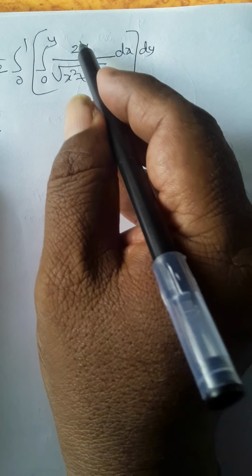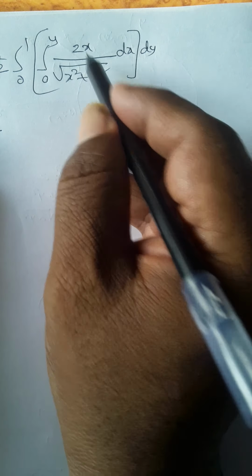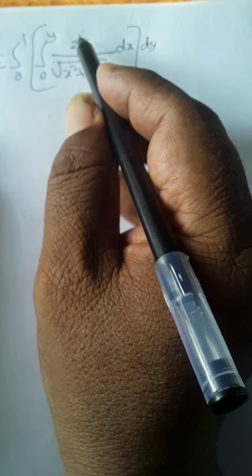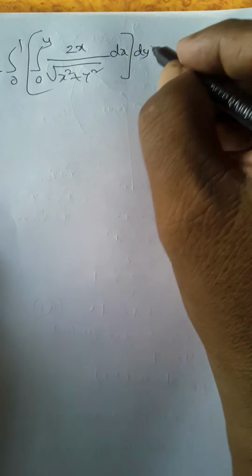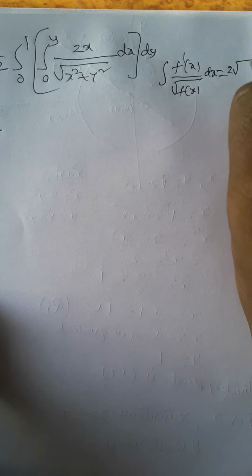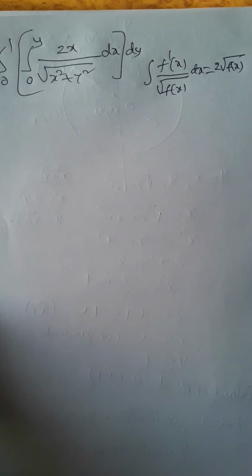We get this step: 1 by 2, denominator derivative is nothing but numerator. So you use this formula. What is that formula? Integral f dash x by root over f of x dx is nothing but 2 root f of x, intermediate formula.